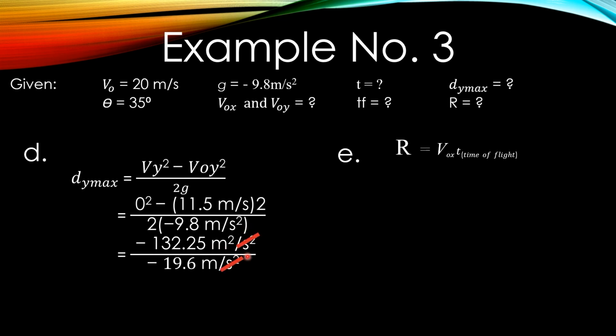Cancel the unit for the time, second squared. Cancel the squared in the numerator and meter in the denominator. We have negative 132.25 meters divided by negative 19.6. Negative divided by negative, we have positive. 132.25 meters divided by 19.6. We have the quotient, 6.7 meters.